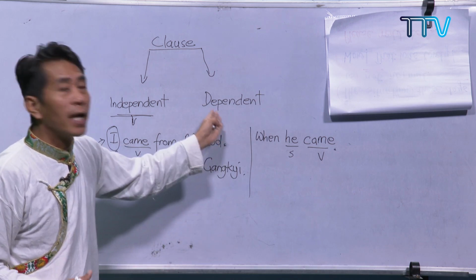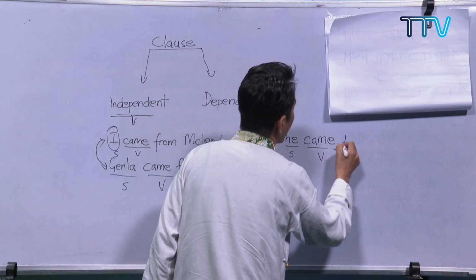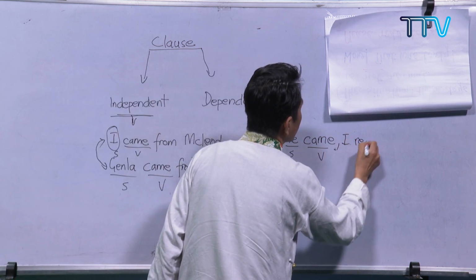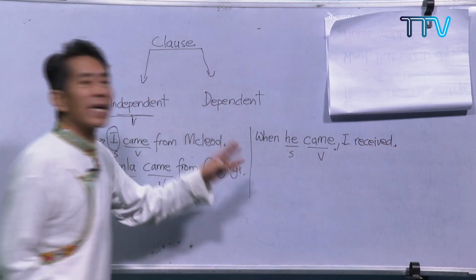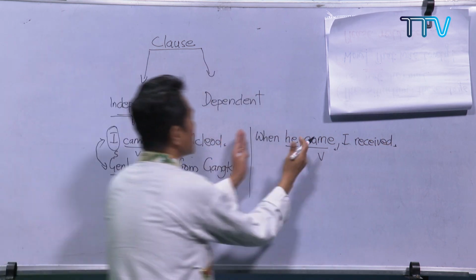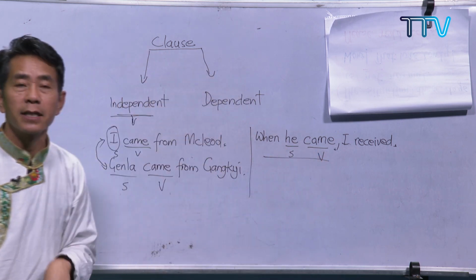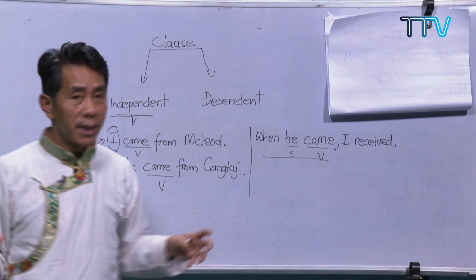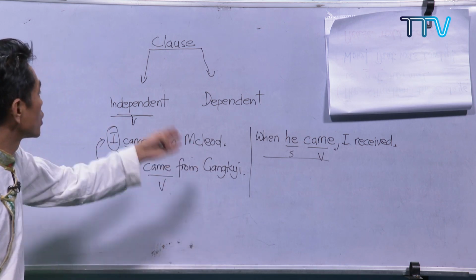So that's why it is called dependent. When he came, I received. Now if you look at this, it makes a complete sense. So this clause, when he came, has to depend on another clause in order to make a complete sentence. You got it? So this is dependent.